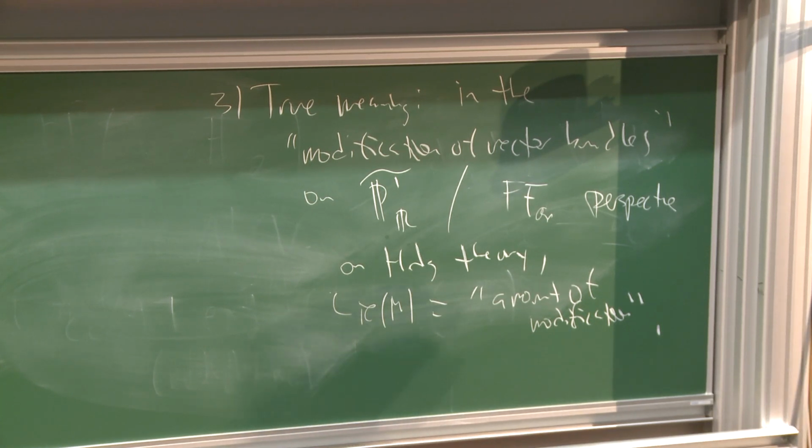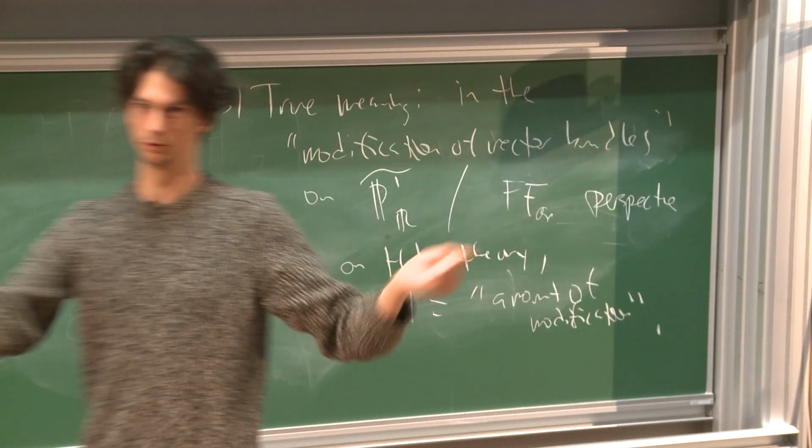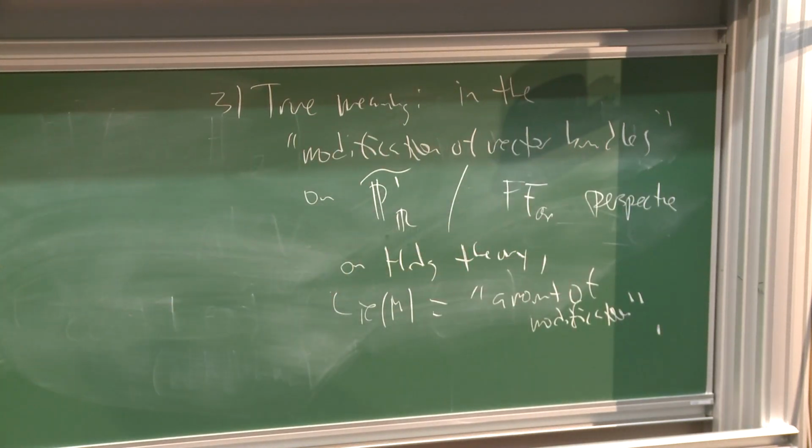You can measure the relative position of those two lattices by a virtual vector bundle over the complex numbers, and it is that virtual vector bundle. It's the exact same story in p-adic Hodge theory up to some Tate twists, which won't be relevant for us. But this object, which measures the amount of modification, exists completely globally, even when you don't have any Hodge theory. So it's good to consider.